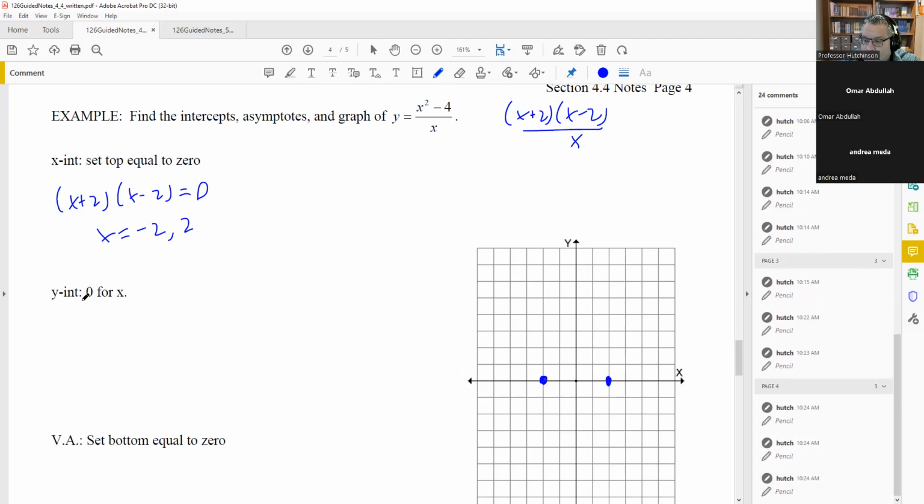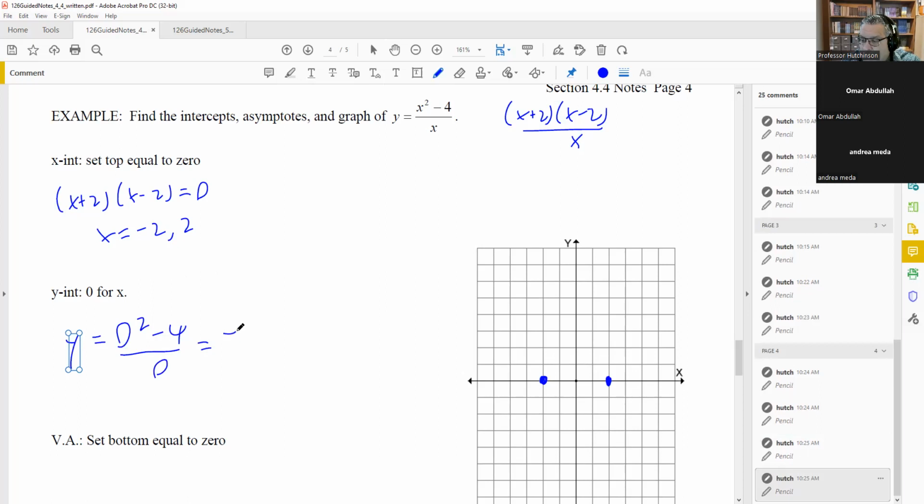For the y-intercept, we put a 0 in for x, but when that happens, we get undefined. So there's no y-intercept this time. That happens whenever you get something undefined and you can't solve for it; then we know there's no y-intercept, so it doesn't cross that.